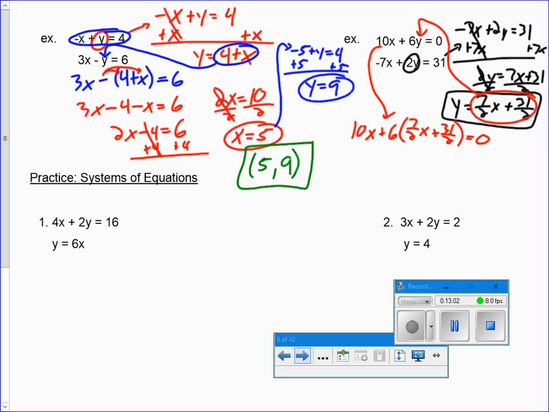We can use our cross cancellation. 6 over 2 is the same as 3 over 1. So once I multiply through, I'll have 21x plus 93.